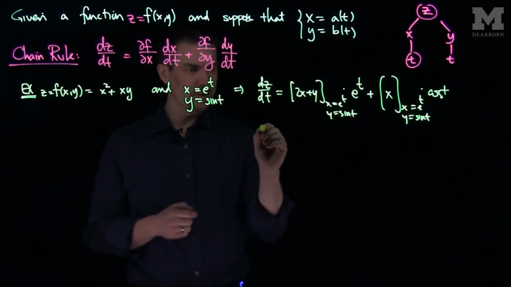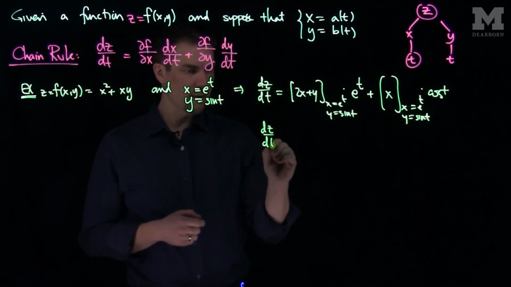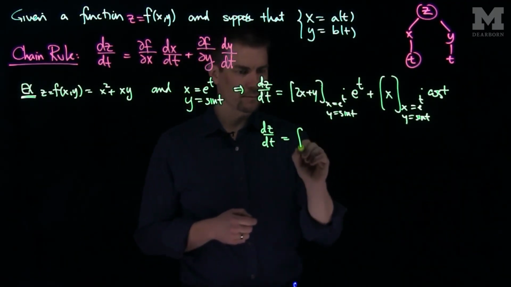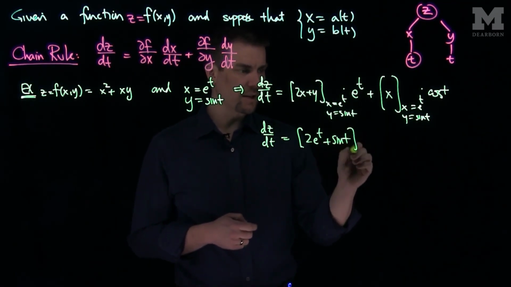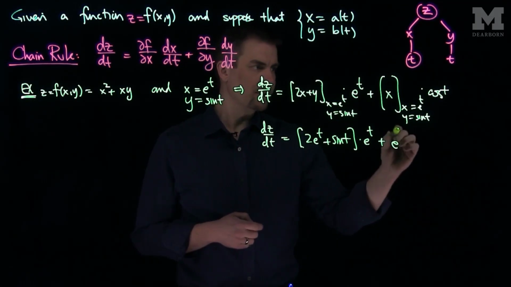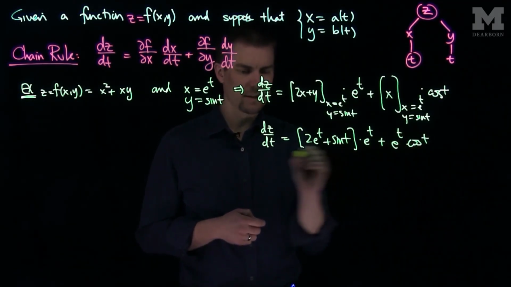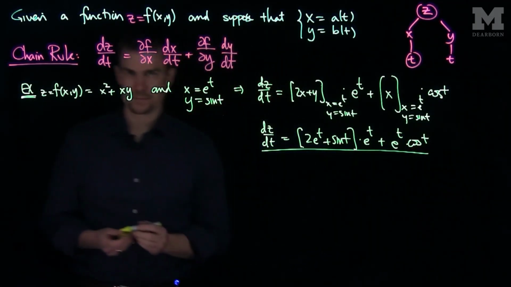And so now we can put this together and simplify, so dz dt is going to be equal to 2 e to the t plus sine t e to the t plus e to the t cosine t. And there is our solution.